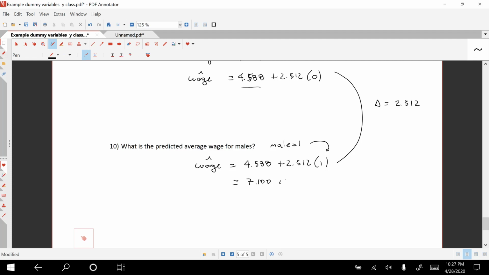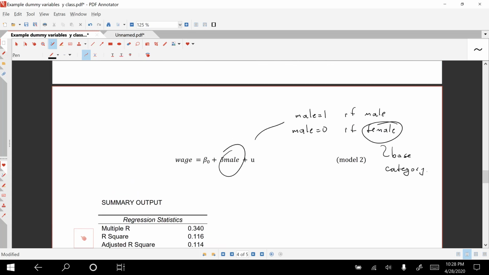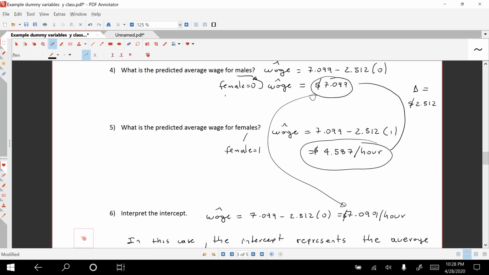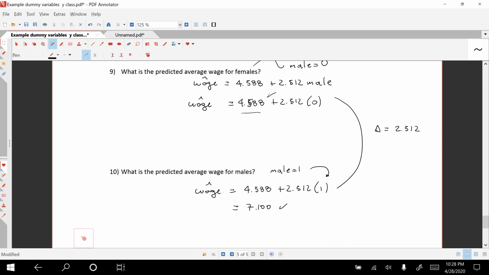The predicted value for males is 7.1, for females 4.59. Going to the previous model, for females 4.587, well, it's a rounding error, and 7.099, so they're basically the same thing. For males 7.10 and for females 4.59, which is exactly what we got here, except for some random error issue.